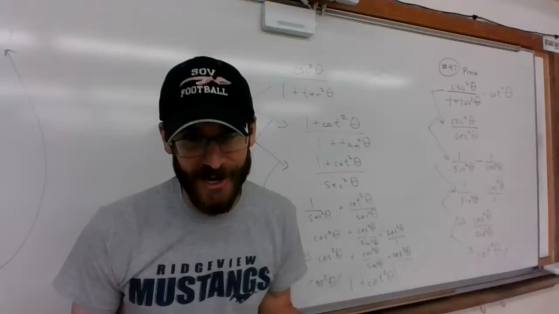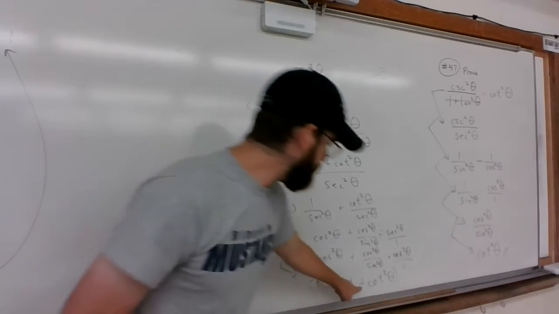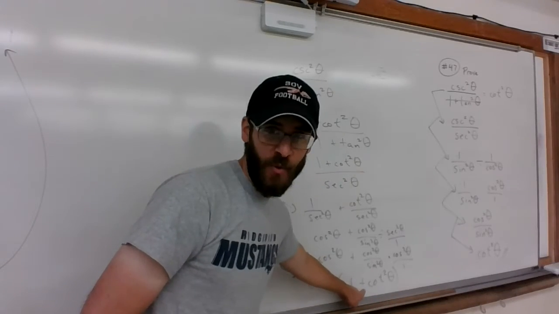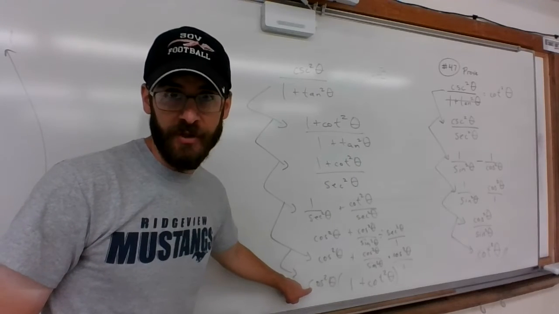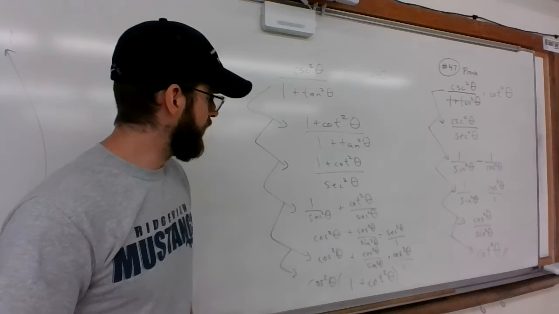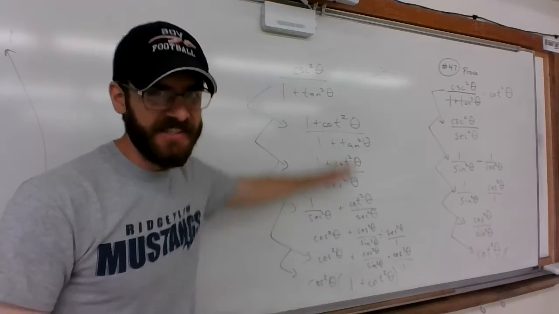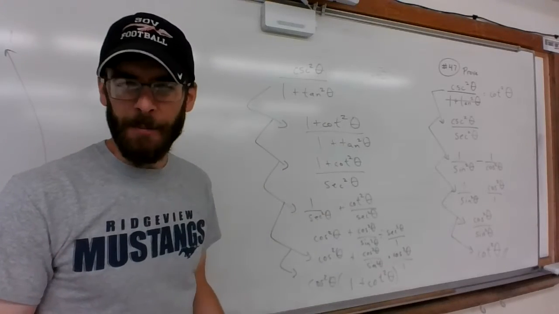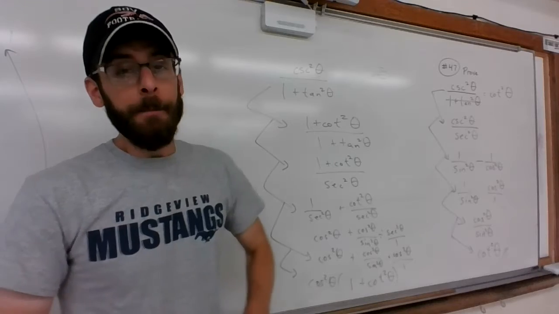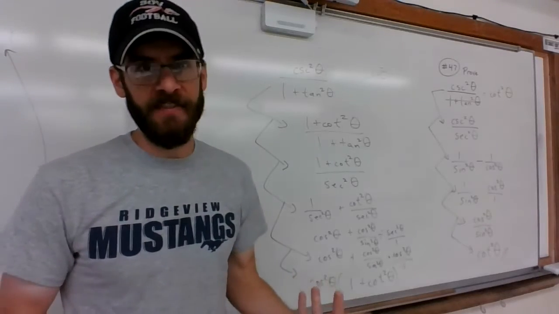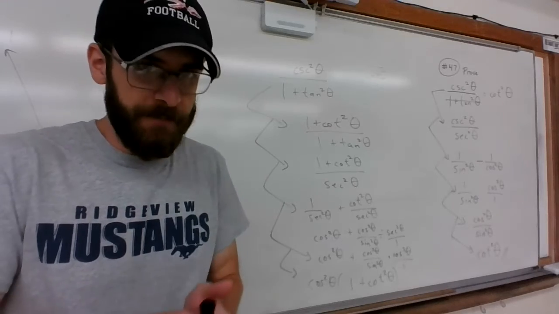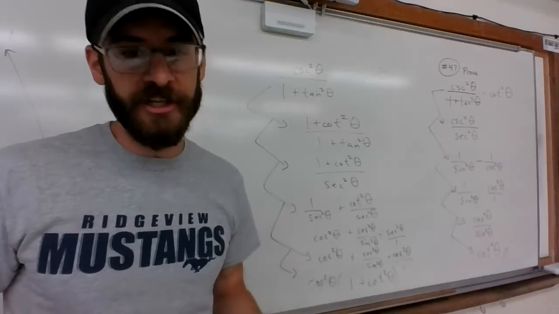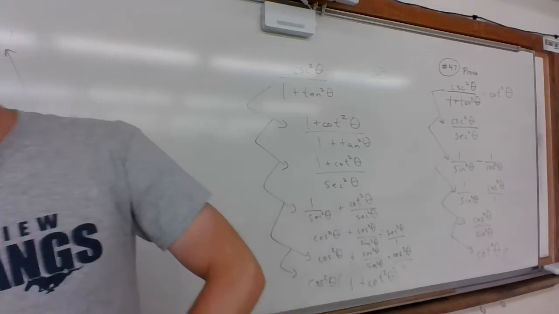I'm skipping steps now. That would be cosecant squared times cosine squared, which does get us to there if we do a few more steps. Not a successful way to do it because it added probably way too many steps than we needed to. But it will eventually get you there. And that's the thing with trig proof, is that even if you get lost, you just keep following the path of logic and it should get you to the final answer.